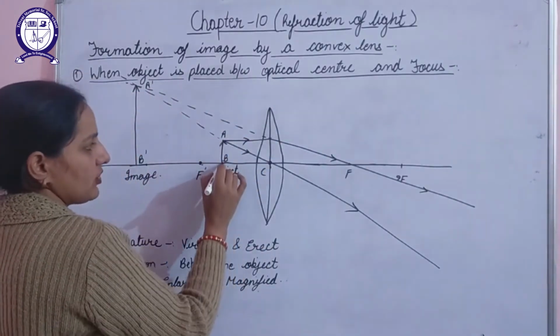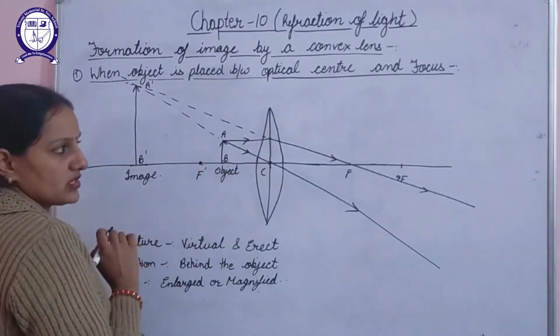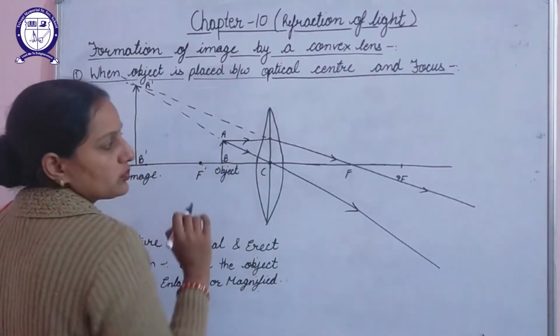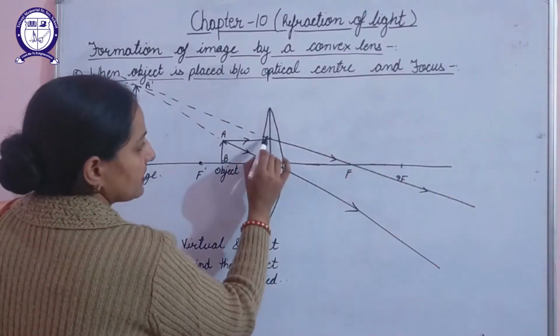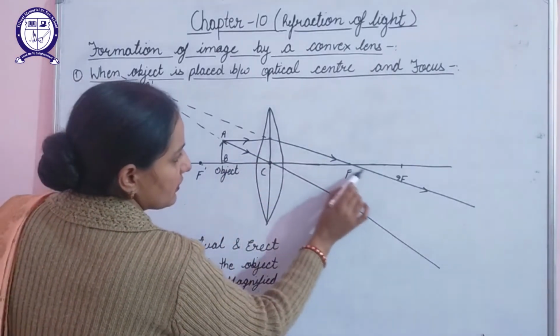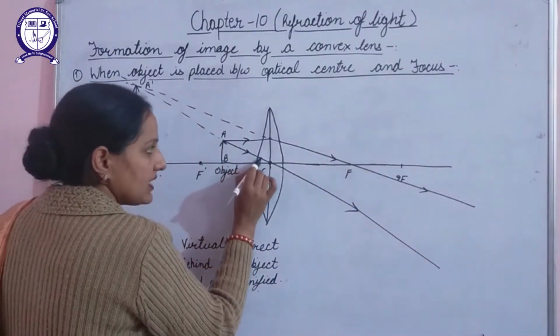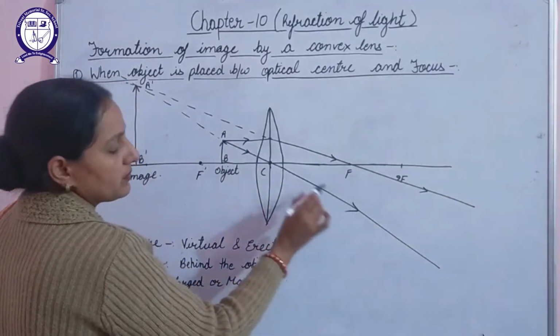So here I place the object AB, which is placed between the optical center and focus. How to draw the ray diagram? One ray of light will be parallel to the principal axis. We know that if a ray of light is parallel to the principal axis, after refraction through the lens, it will pass through the focus. The second ray of light you will pass as if it is passing through the optical center.